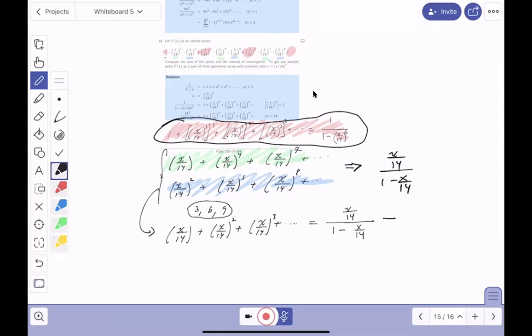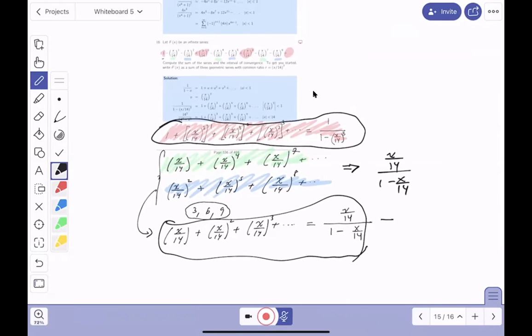It would be the sum of all these terms over here. But I've got to remove something from it. And what to remove? I have to remove 3, 6, 9, so forth and so on. 3, 6, 9. Yeah, I can do it.